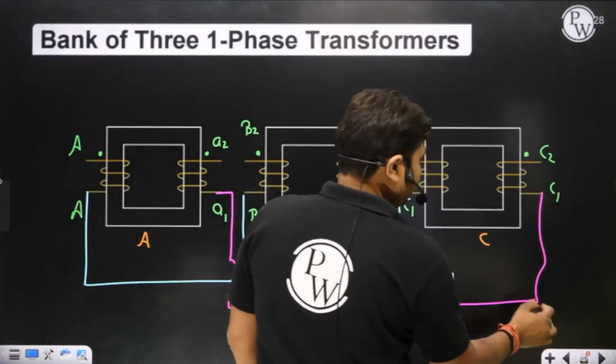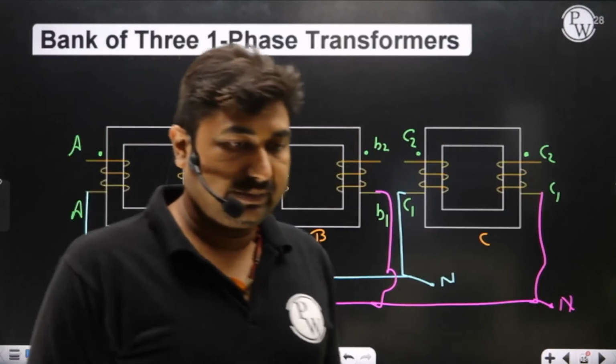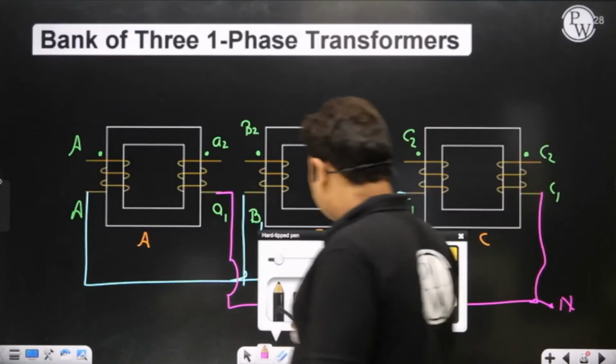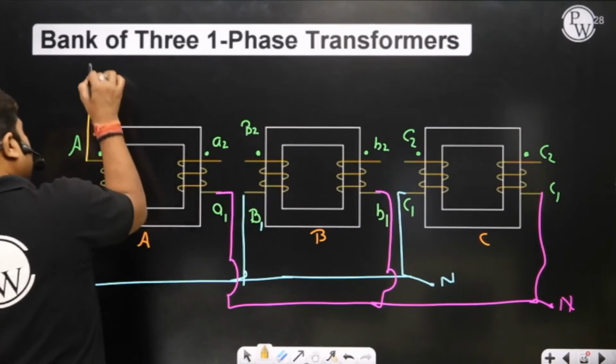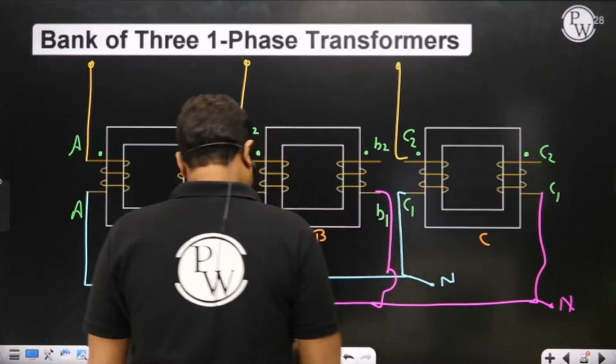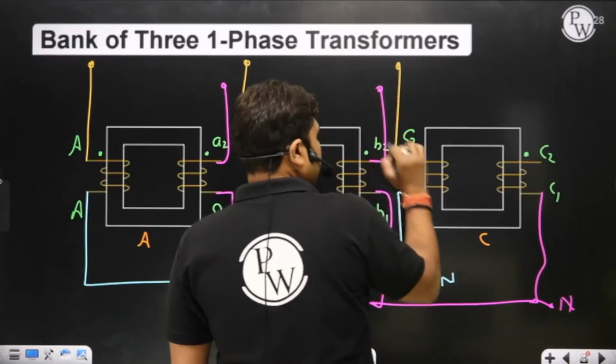Please observe. And a neutral is available here. Is it okay? Yes, sir. The output terminals on HV side are A phase, B phase and C phase. And on LV side are also a phase, b phase and c phase.